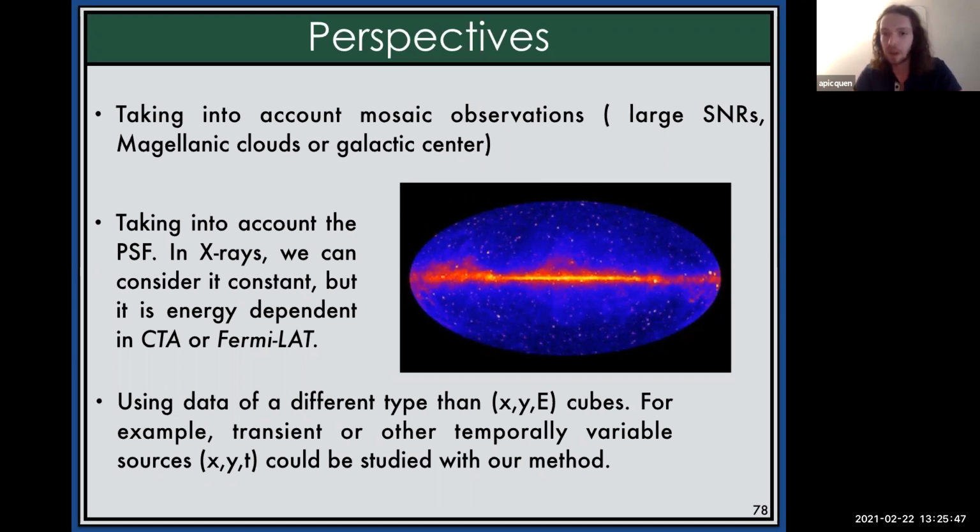Also, I applied the algorithm only on X, Y, E cubes, but we can imagine using it on other types of data. For example, on transient sources, X, Y, T, it may be something that could give consistent results.